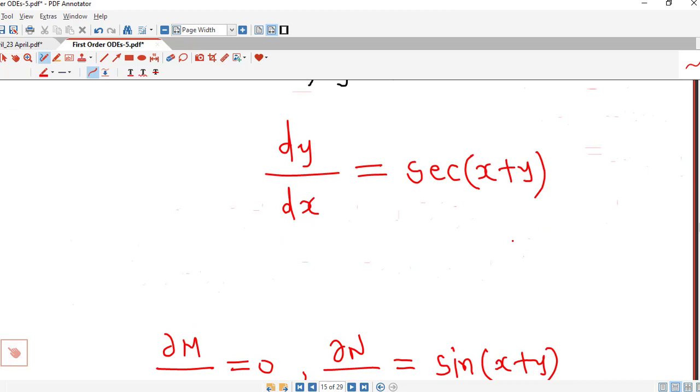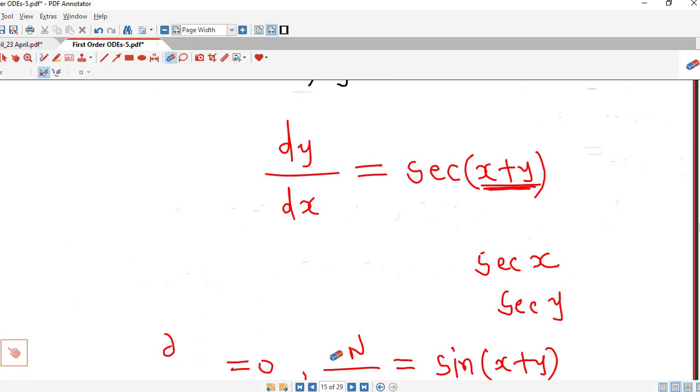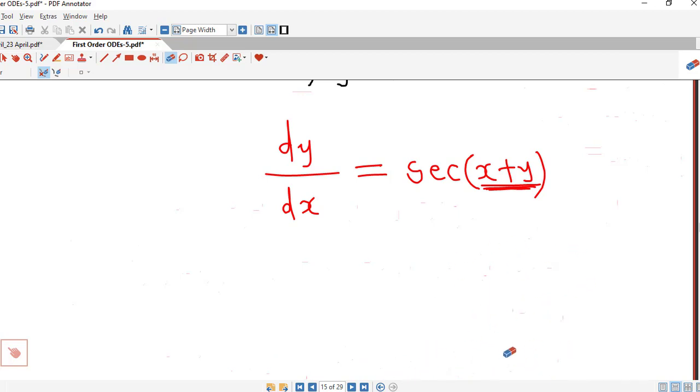Then we can observe that if x plus y was not there, suppose I had sec x only or sec y only, then it was possible to separate the variables.